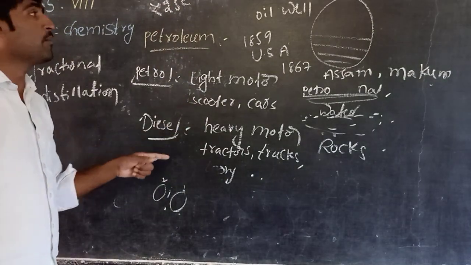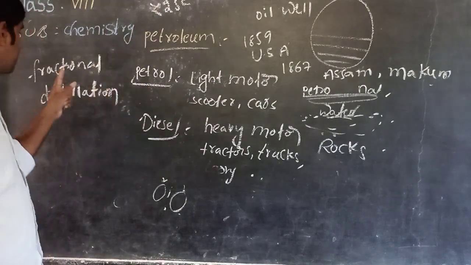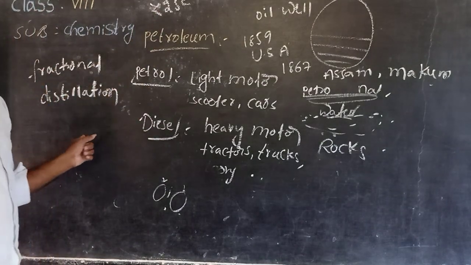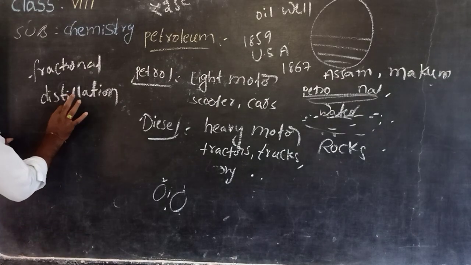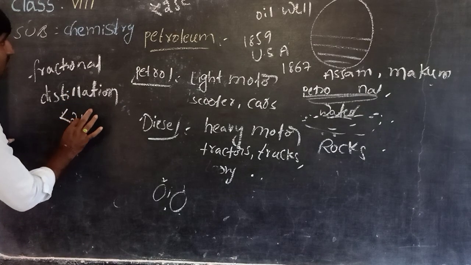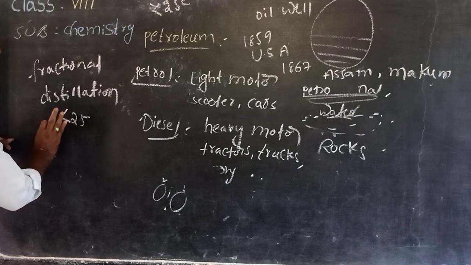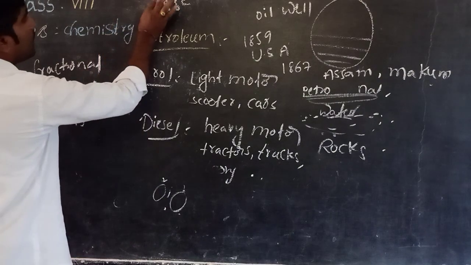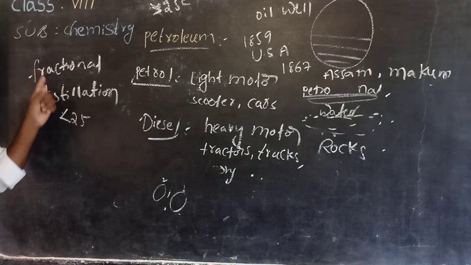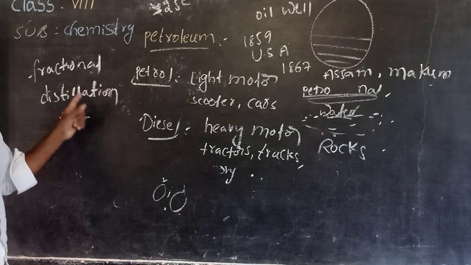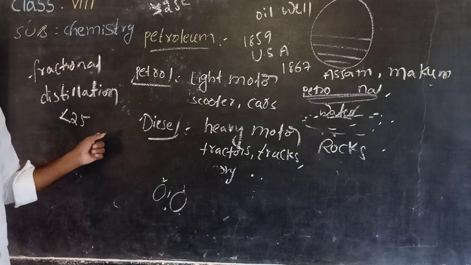Understood, children? For components whose difference in temperature is less than 25 degrees Celsius, we use fractional distillation.